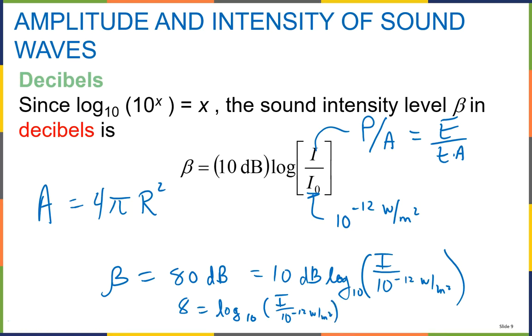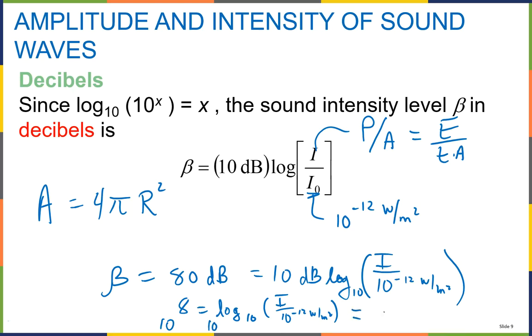The next step, what does it mean if I have a log base 10? It's kind of a question: what power would I have to raise 10 to get this value? And so I can take the inverse of log base 10 by raising 10 to the power.